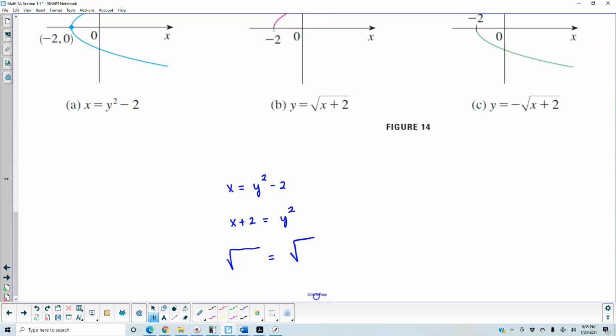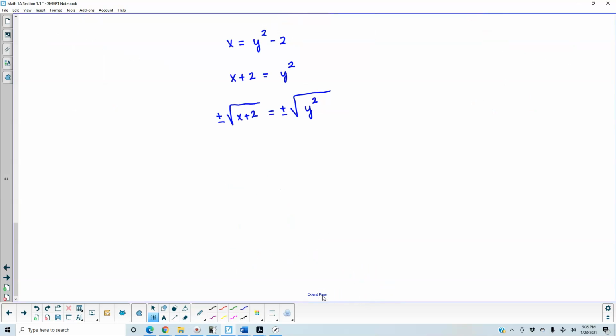And now remember, when you take the square root of both sides, it's a plus or a minus. So now, what do we have to square to get y? Well, we know it's going to be y. So we have plus or minus the square root of x plus 2, and that's equal to y.